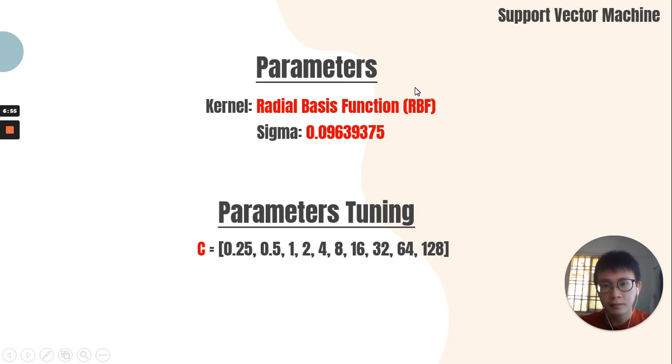And then we will leave sigma at its default value, which is 0.09639375. Then for the parameter tuning, we will tune the C value, which is the cost of constraints violation. The greater the value of C, the lower the generalization ability of the support vector machine. So we will tune these 10 values and see which C value will produce the highest R-squared.